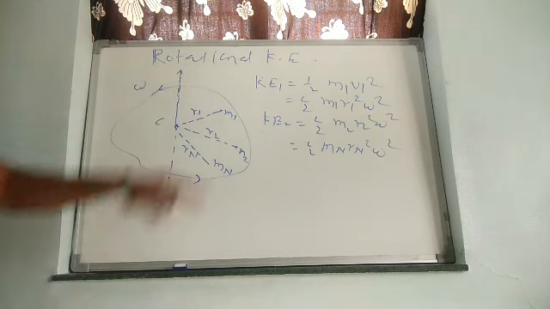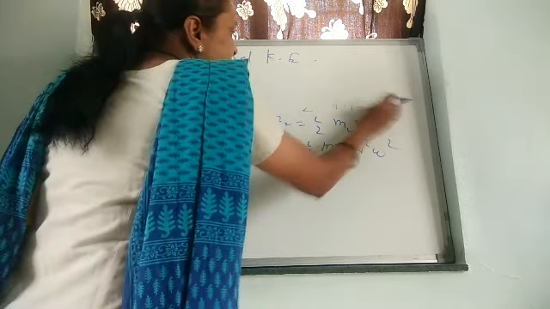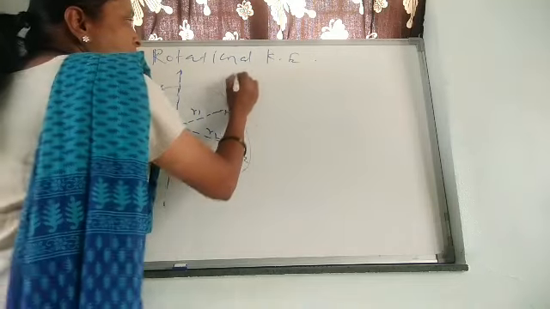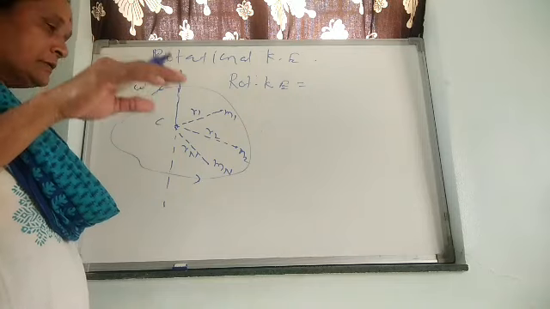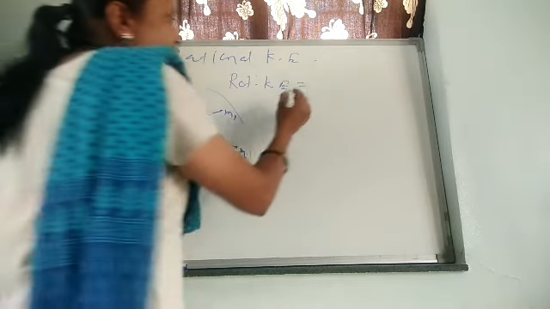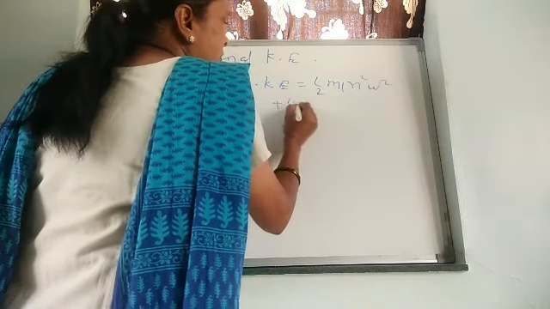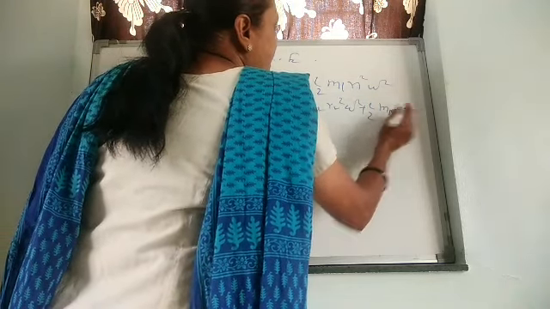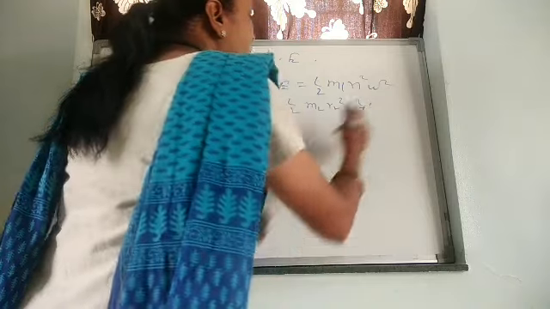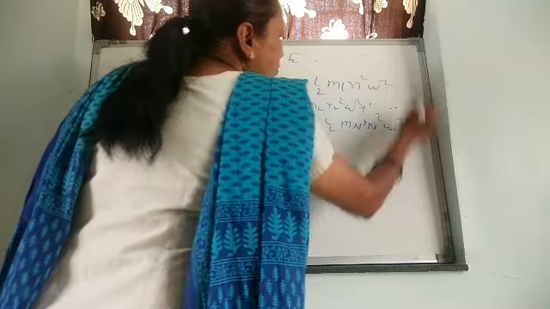The sum of the translational kinetic energies of all these particles gives the rotational kinetic energy, and therefore the expression for rotational kinetic energy will be equal to the sum of the translational kinetic energies of all the particles, that is 1/2 m1 r1 square omega square plus 1/2 m2 r2 square omega square plus dot dot dot plus 1/2 mn Rn square omega square.